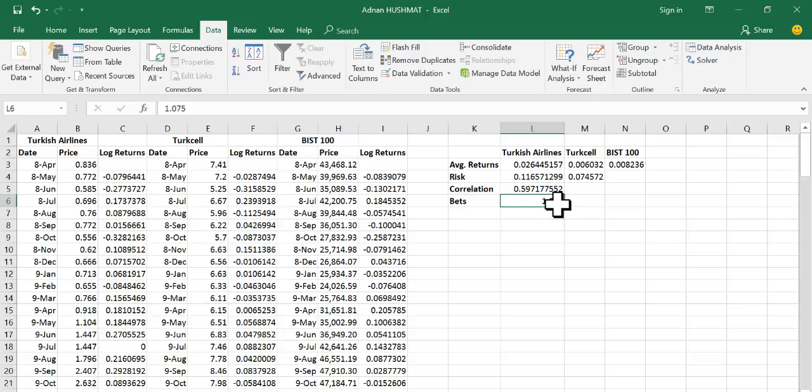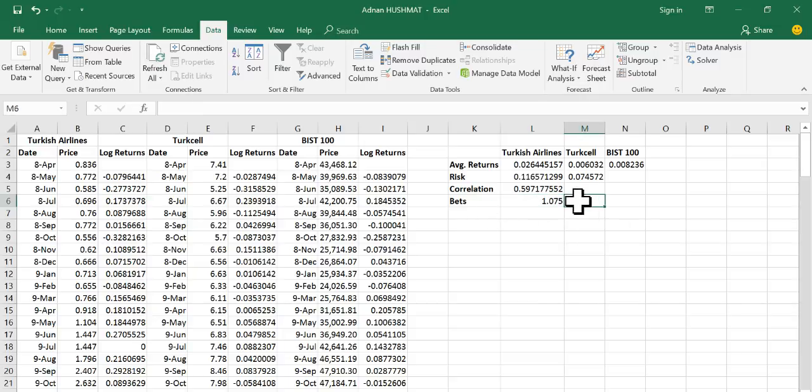It's close to 1, but still higher than 1, at 1.075. So if the market goes up by 1%, this stock will go up by 1.07%. So there is a positive relationship between the Turkish Airlines stock and the market returns. We say that Turkish Airlines is a bit of an aggressive stock.